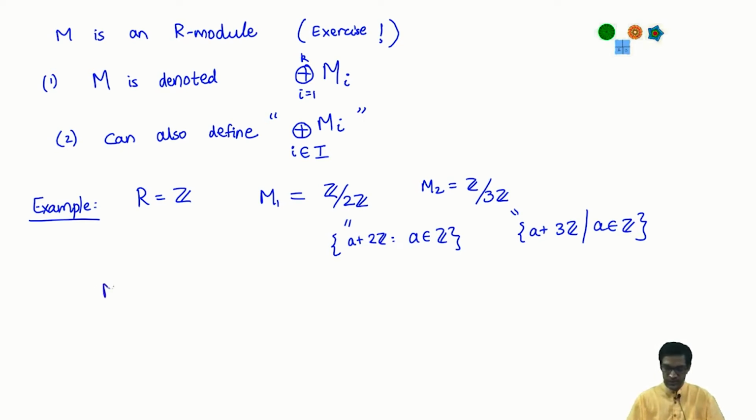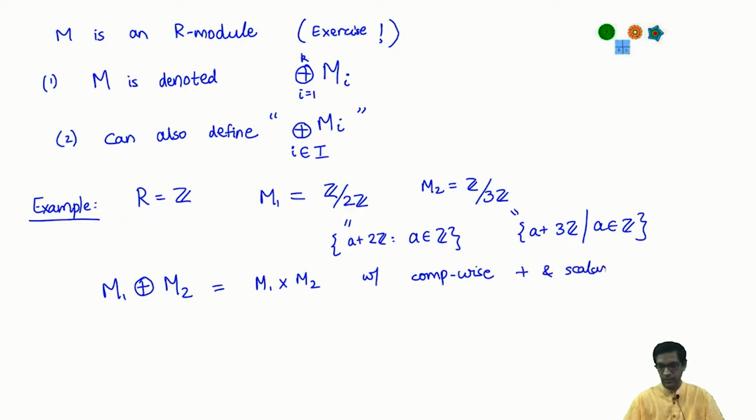So what does the direct sum now mean? I take M1 direct sum M2, which as a set is M1 cross M2 with componentwise plus and scalar multiplication. For example, if I took an element of M1 direct sum M2, let's take the element (1 plus 2Z, 1 plus 3Z).